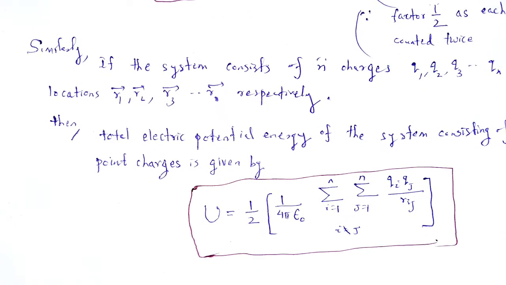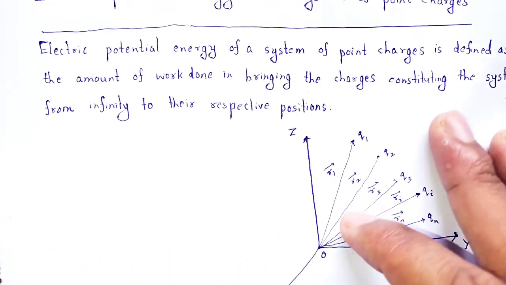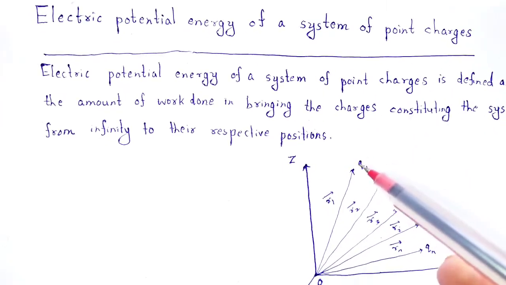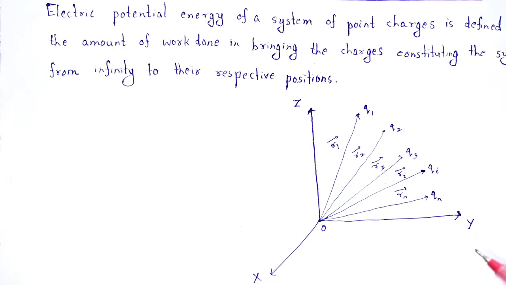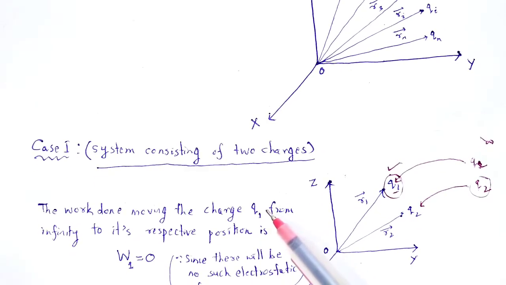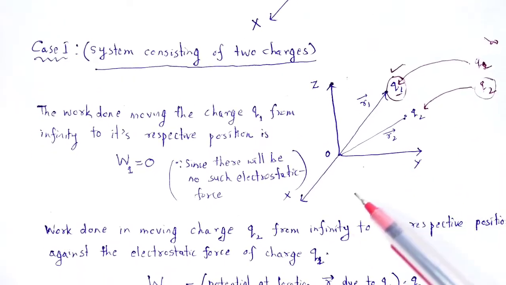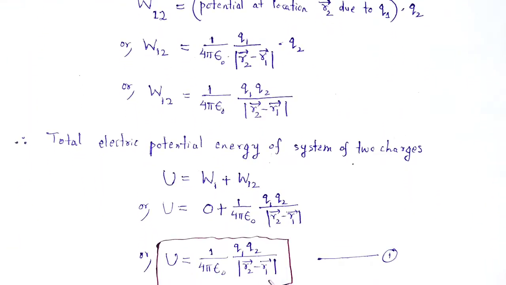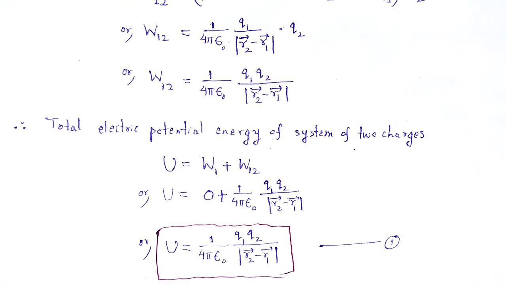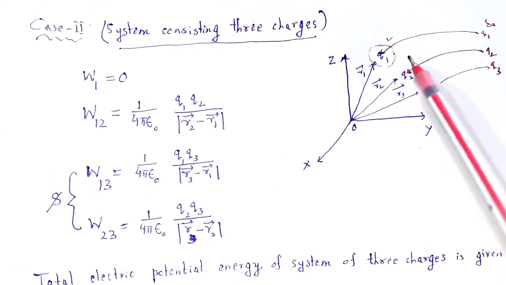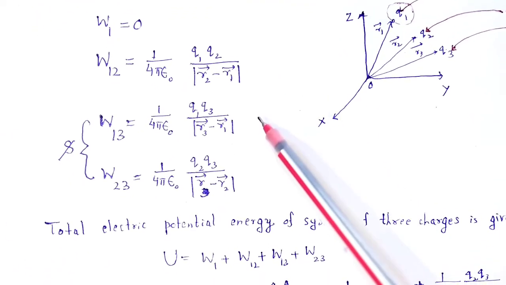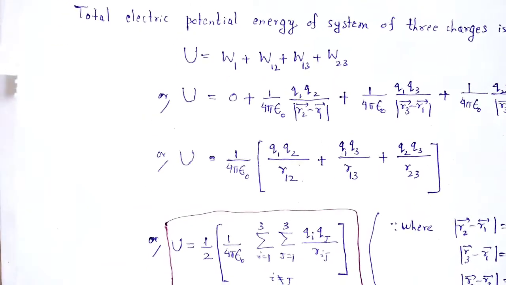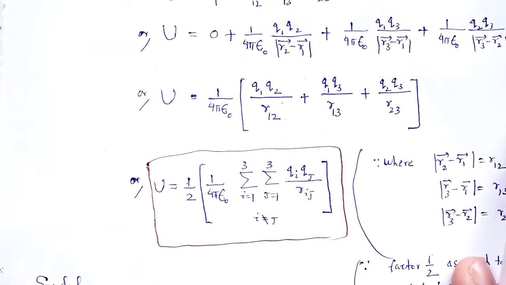So, with the help of this video lecture, we understand what the electric potential energy of a system of point charges is. First, we take a system consisting of 2 charges and calculate the electric potential energy. Then we take a system consisting of 3 charges and calculate the electric potential energy.